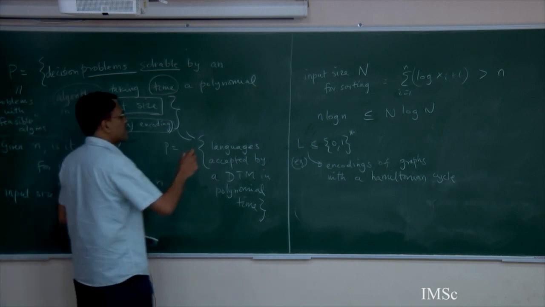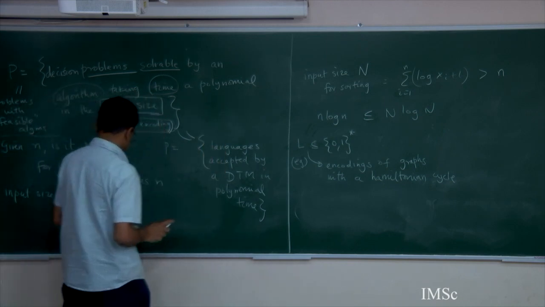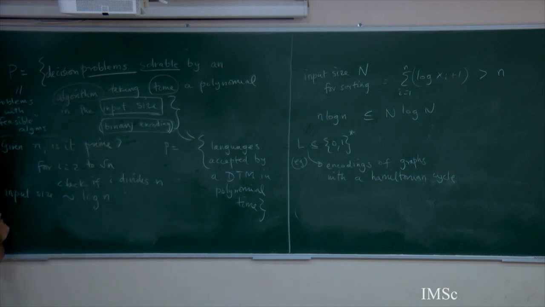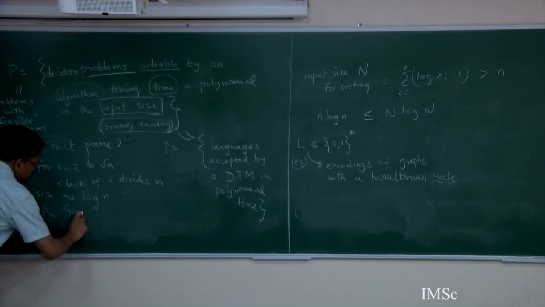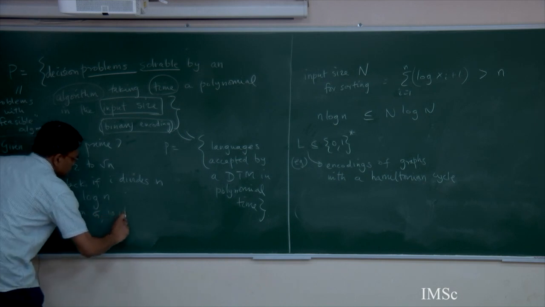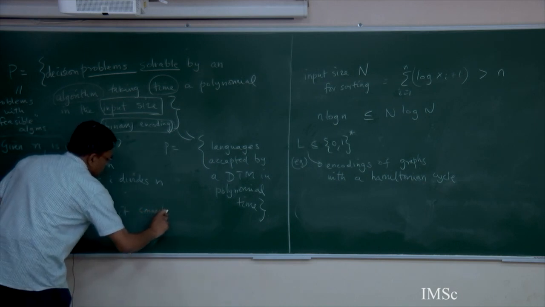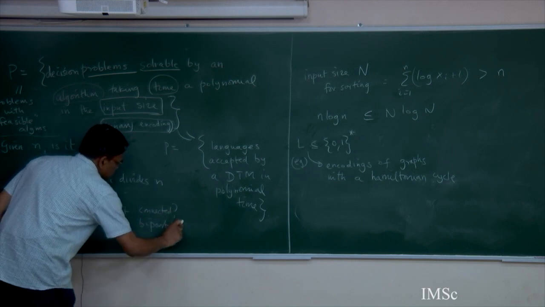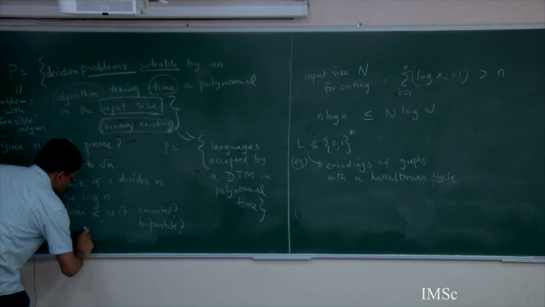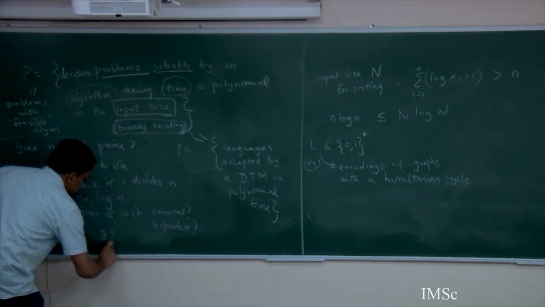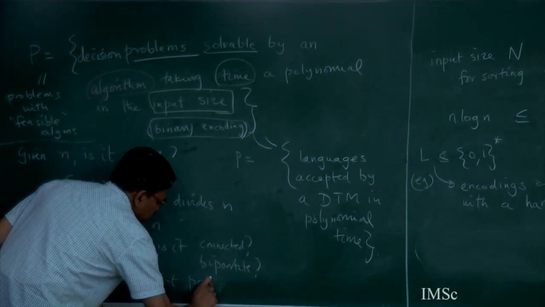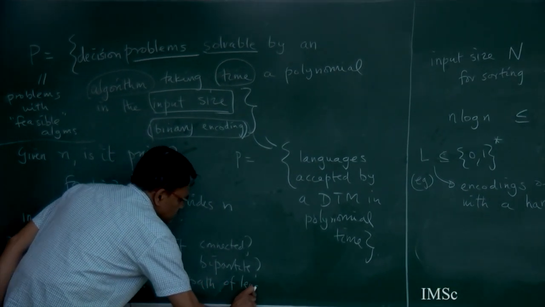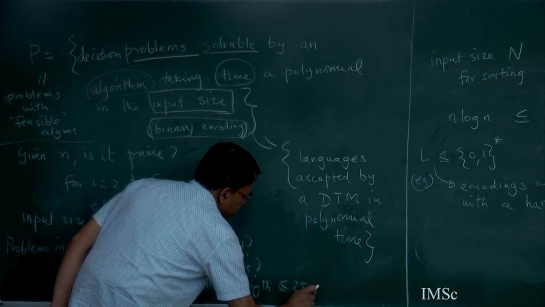Given a graph, let us say a weighted graph. Is it connected, is it bipartite, does there exist an S-T path of length at most 25?